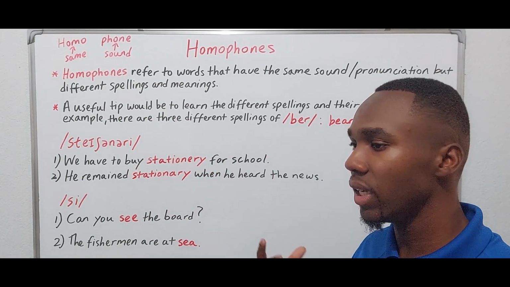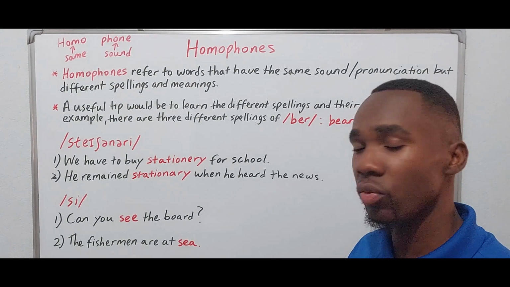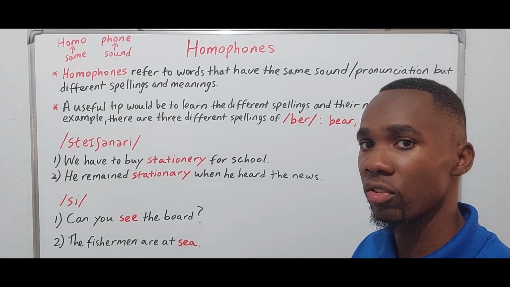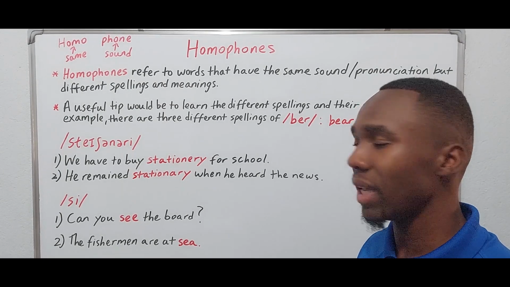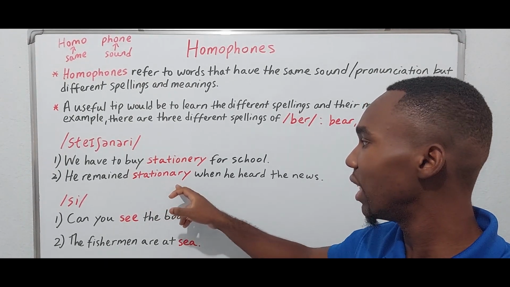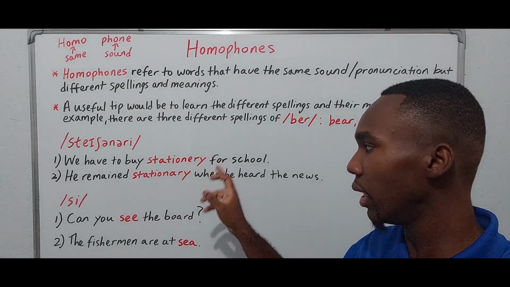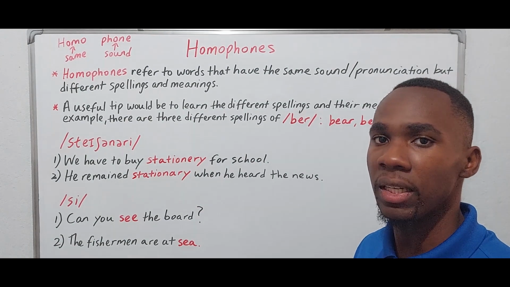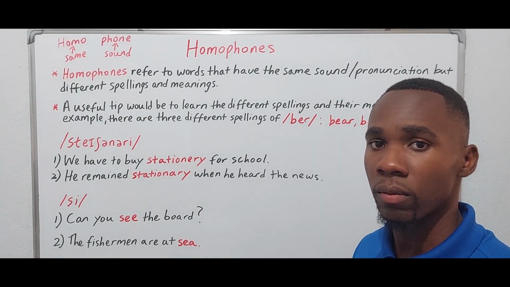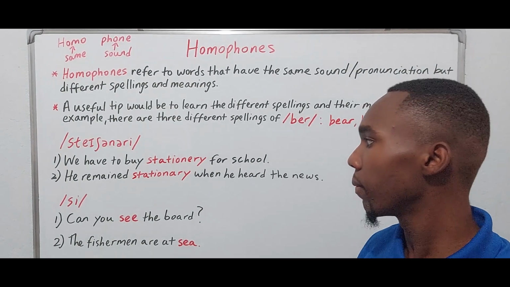And stationery with the E refers to the utensils used for writing, pencil cases, etc. He remained stationary with the A when he heard the news. So stationary with the A would mean still, right? He did not move, right?